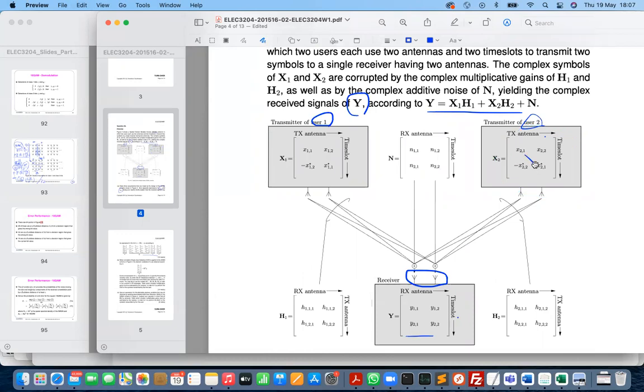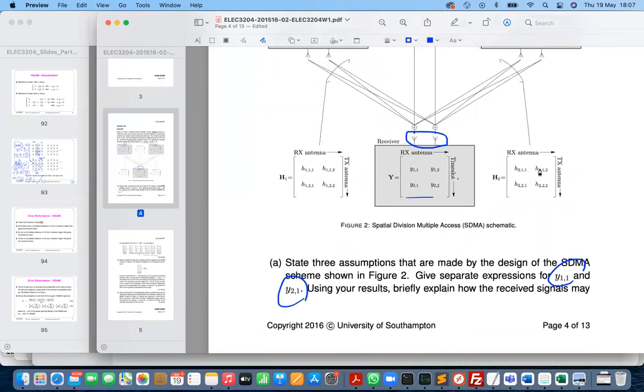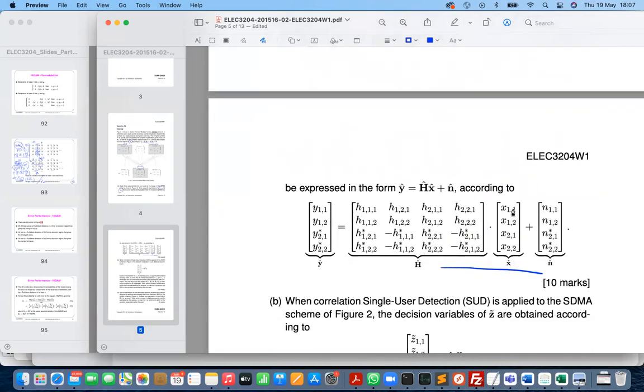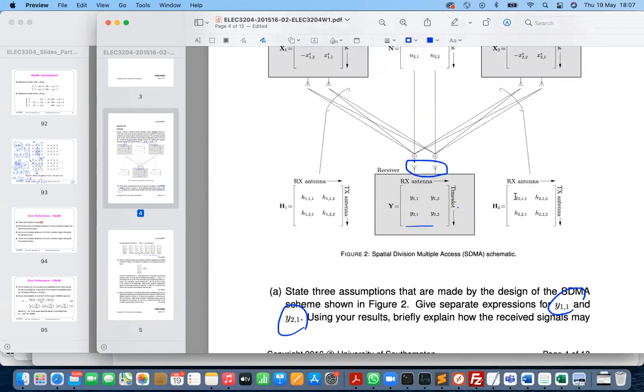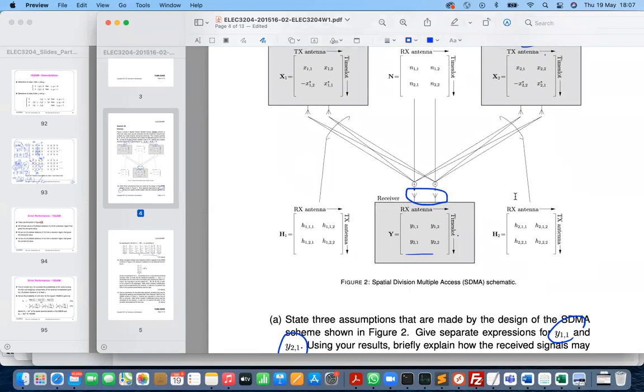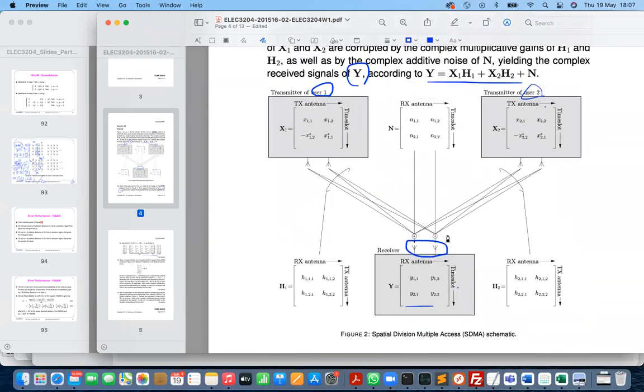So this is repeated information, and we want an equivalent model that only has what you transmitted without repetitions. So what do we do? It's actually really easy because everything's already written out for you.